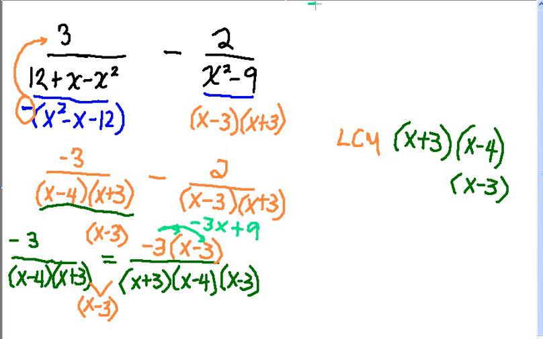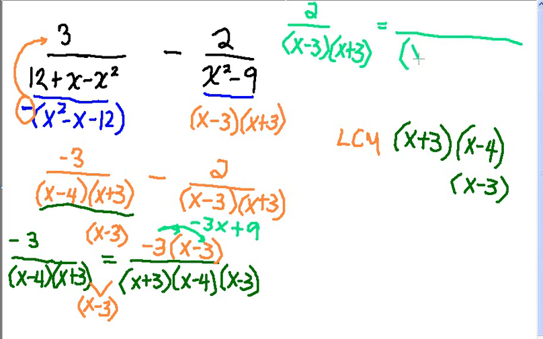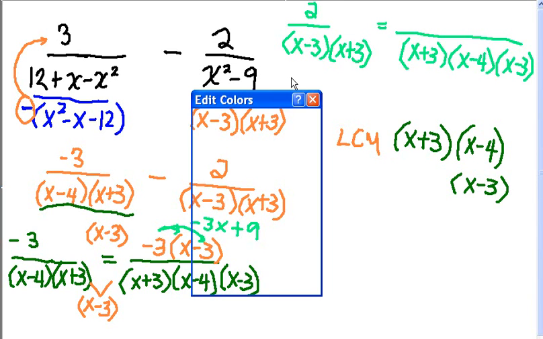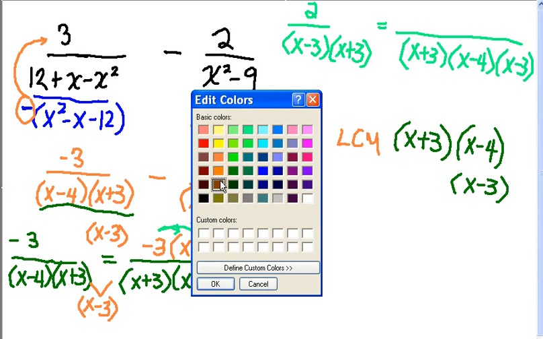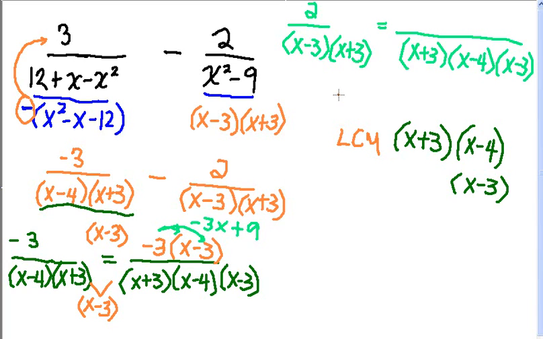My next term is 2 over x minus 3, x plus 3. And I want to get that in terms of my common denominator, which is x plus 3, x minus 4, x minus 3. Once again, I observe my denominator to determine what it's missing.